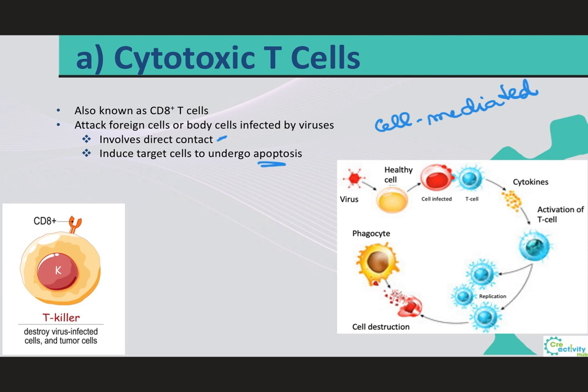So they will express the transmembrane Fas ligand, which will bind to the Fas molecule on the target cell. And once the two cells are bound, the cytotoxic T cell will release perforins and granzymes that are contained in their cytoplasmic granules.